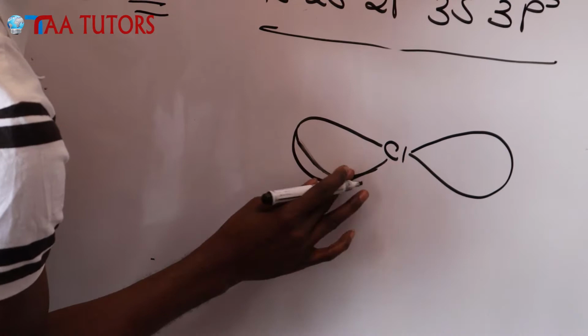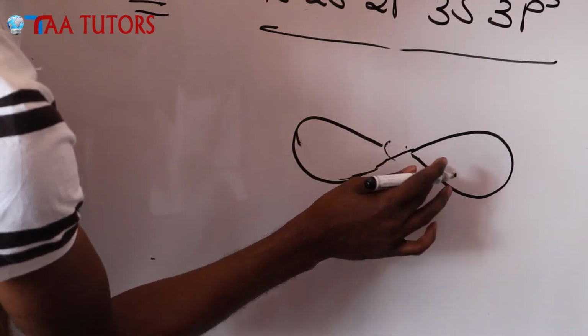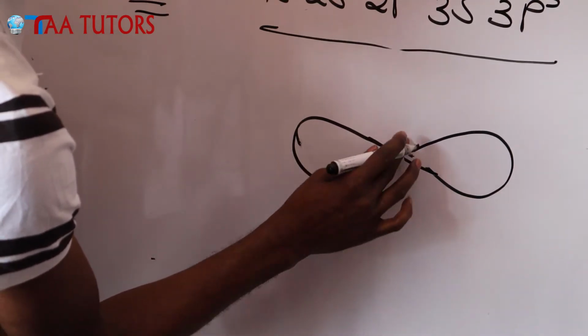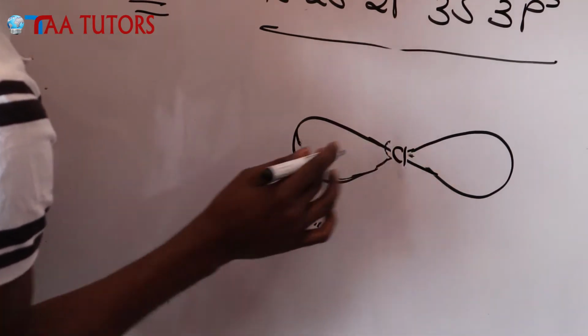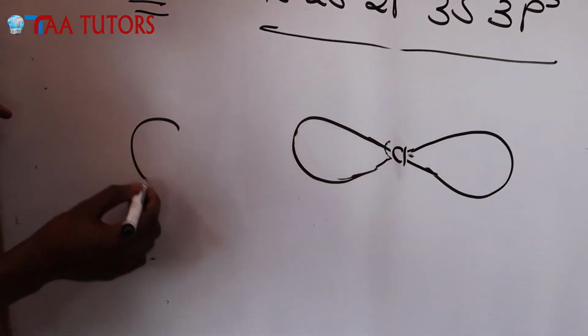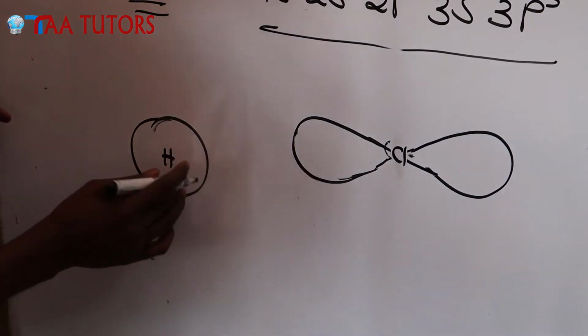So this is how a p orbital looks. If I make them intersect, maybe we can see it. Let me write chlorine here. For hydrogen we see the s orbital. So this is hydrogen, and that's chlorine.